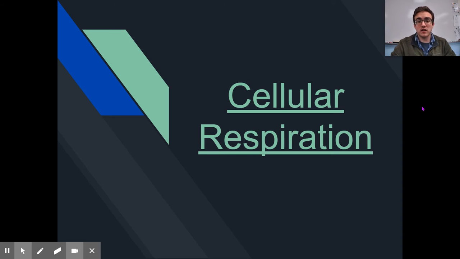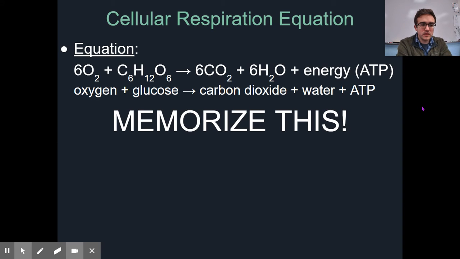So first, let's just talk about what cellular respiration is. In essence, cellular respiration takes the glucose that we get from eating food or carbohydrate, right? Takes our food, and then it turns that into our ATP.